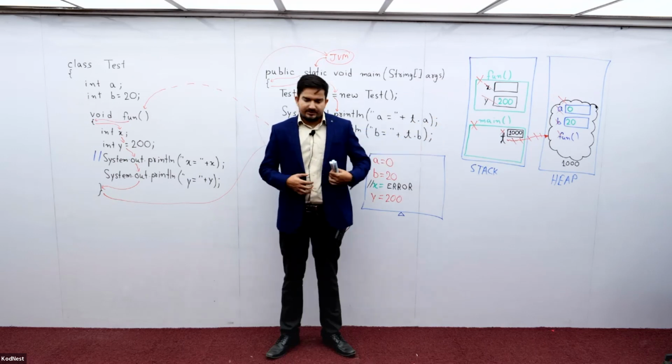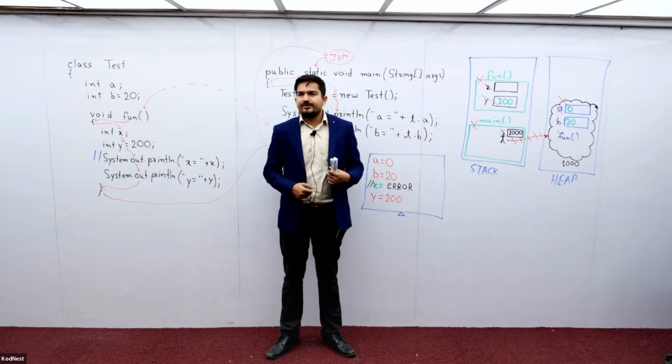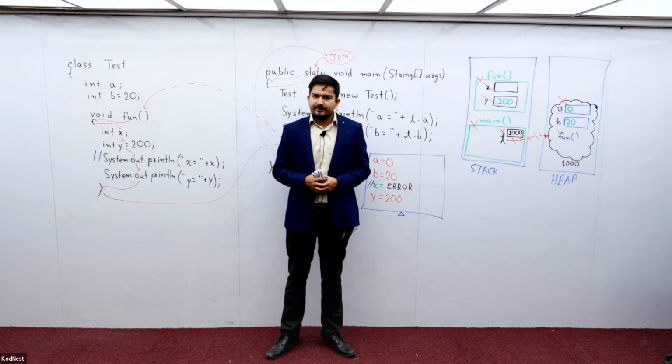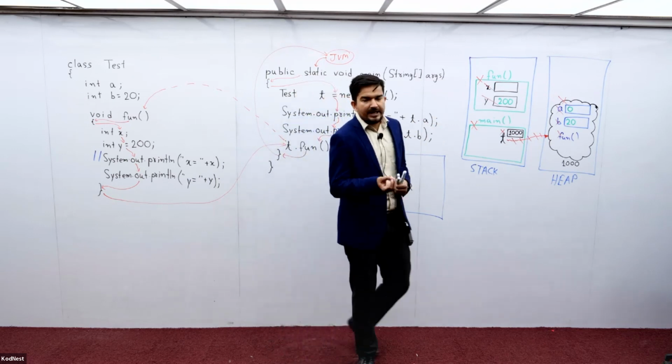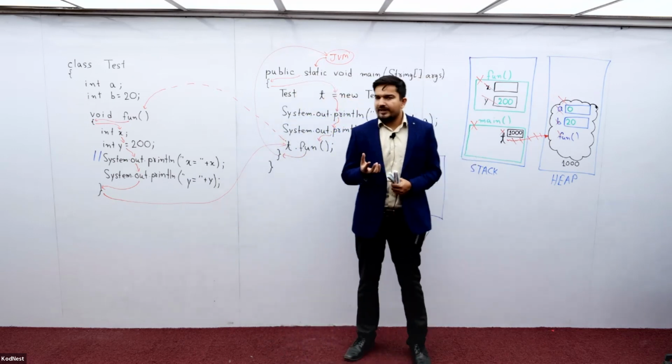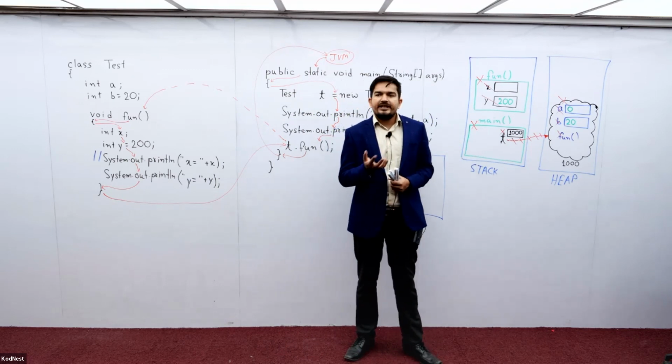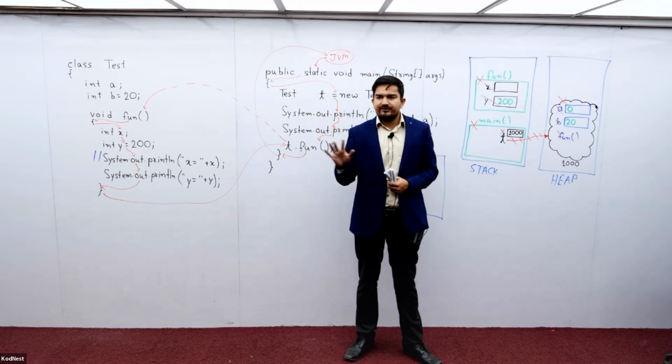Are instance variables provided some default values? 100% instance variables are provided some default values, and since they are provided default values, we can use them even without initializing them. That means even if we have not given some values to the instance variable, we can try to print them or use them in any case.